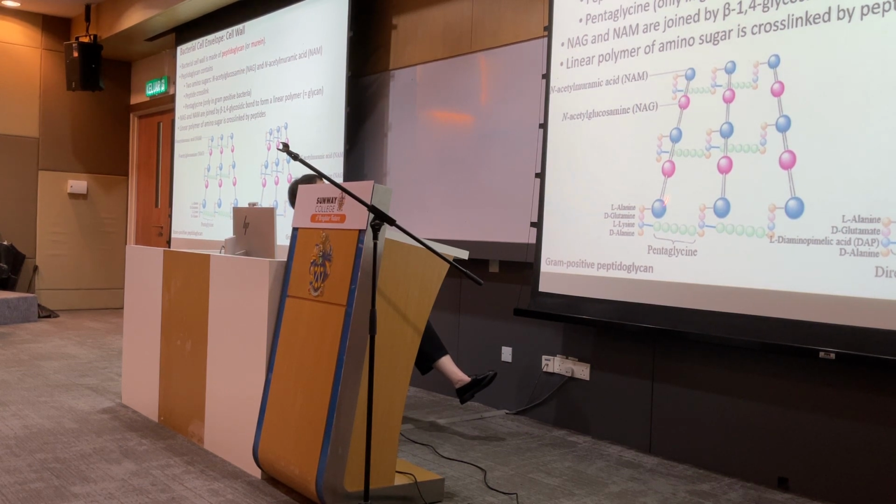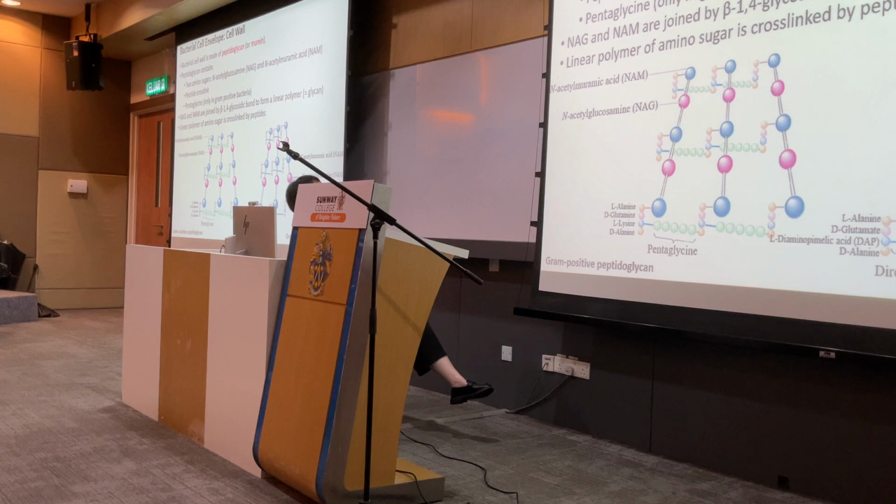So they align parallel in this way. But to form a network, a peptidoglycan, you need something to connect these two parallel polymers. First of all, the beta-1,4 glycosidic bond is what joins the NAM and NAG together.